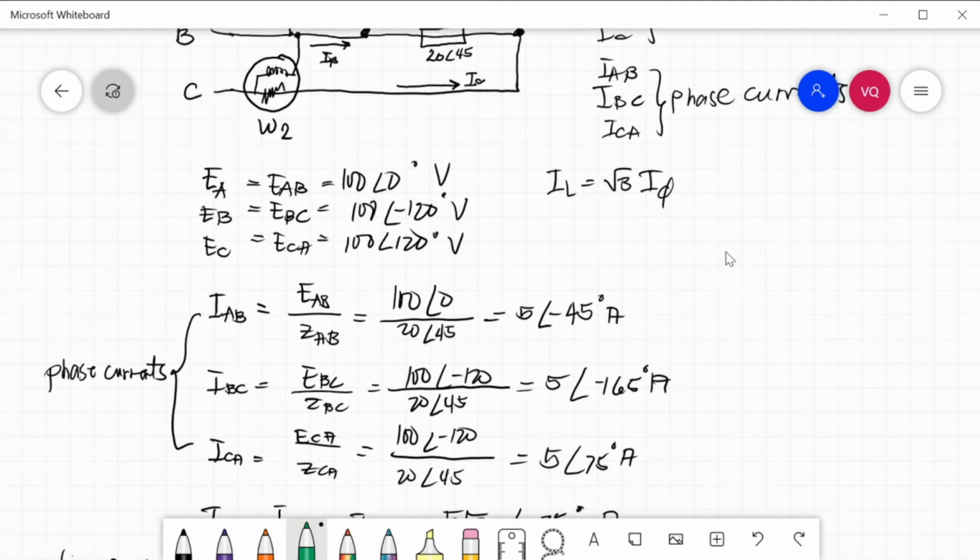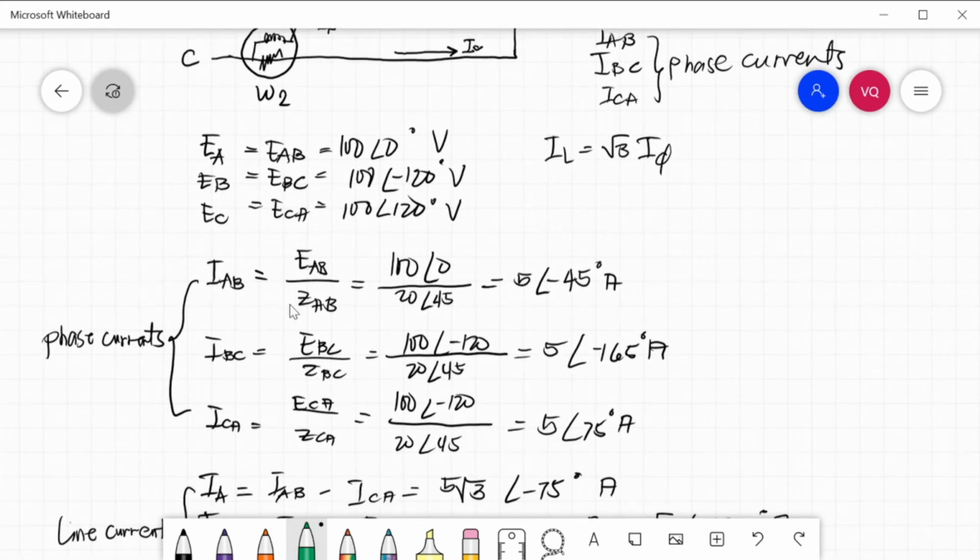phase currents, we can solve that one by Ohm's law, which is IAB equal to EAB divided by ZAB. So these are per phase parameters. So that is 100 angle 0 divided by our impedance 20 angle 45 equal to 5 angle negative 45 degrees ampere. For phase current IBC, we have 100 angle negative 120 divided by 20 angle 45 equal to 5 angle negative 165 degrees amperes.